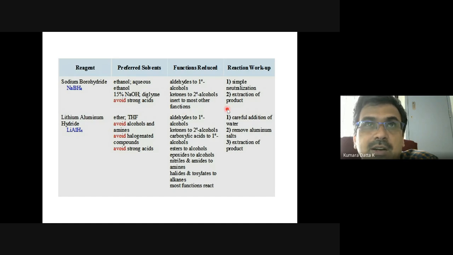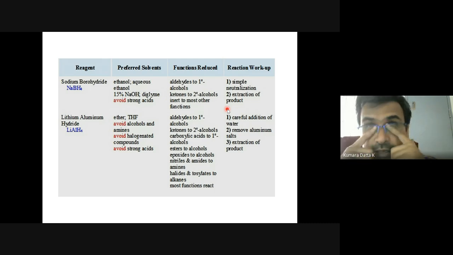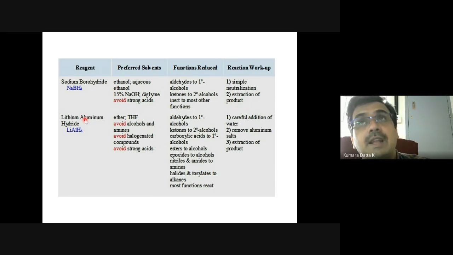So we have done the reaction. After that, what to do? Everything will be in the substrate mixture, and we will have precursors to boric acid salts and so on. By simple neutralization and extraction, we can isolate the product. Isolating the product means we can take the alcohols out.